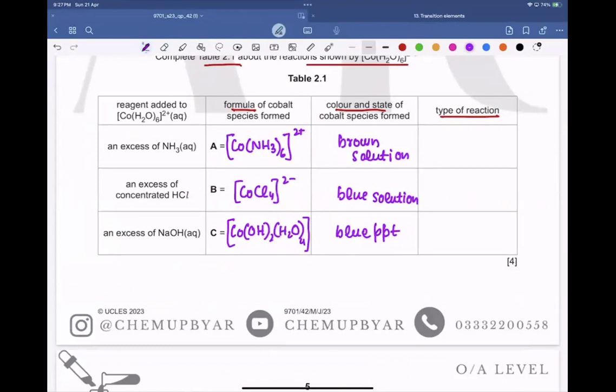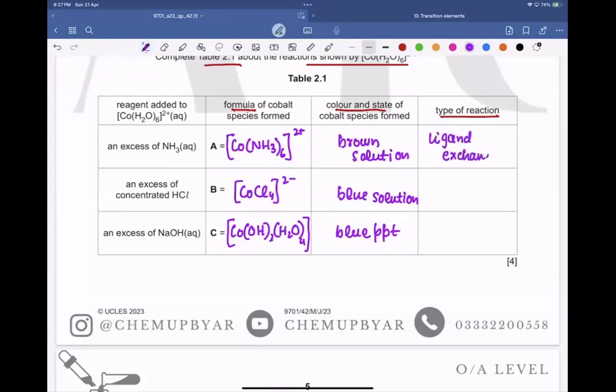Okay. Now the reaction, as you see, it's a solution. So initially, when adding aqueous ammonia, we get a solution, there is no precipitation or no solid formation. So we call the reaction ligand exchange.